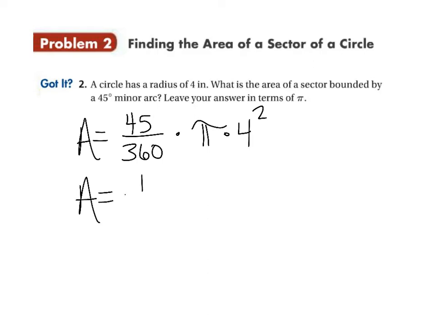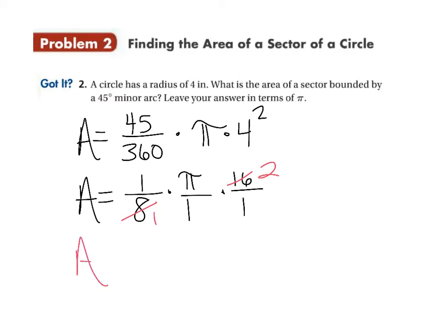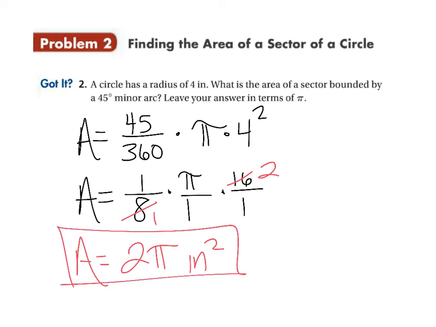It reduces to 1/8. Times, think of this kind of like we've done in the past, let's make a bunch of fractions. If I'm going to have to reduce it, let's leave everything in fraction form. That way I can reduce easily. This actually simplifies quite nicely. The area of this sector is going to be 2 times pi. It's area still, so you're going to square your units. There you go.